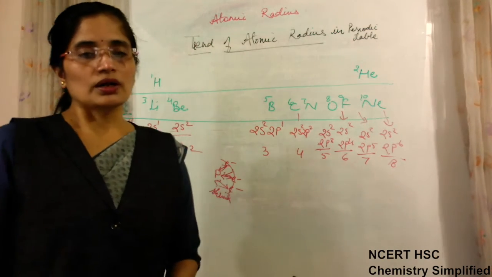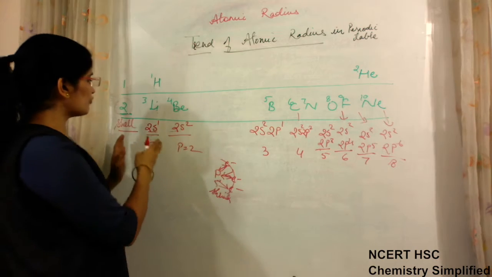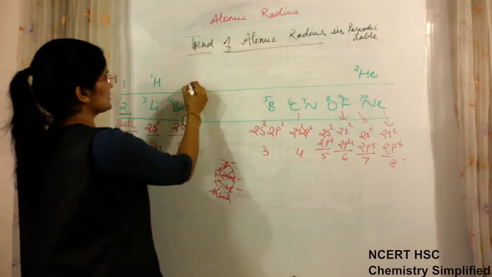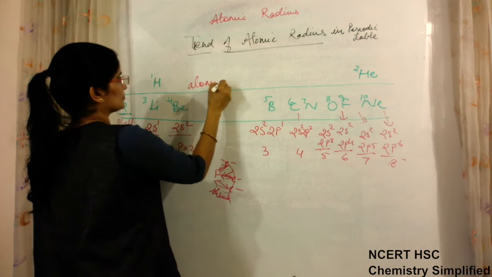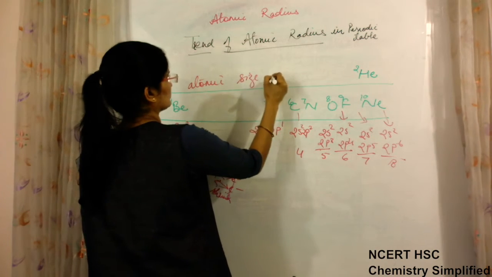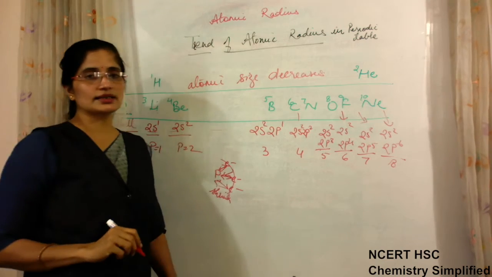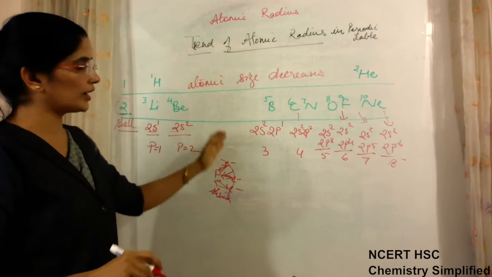Clear? So that is the reason that when we move from left to right in a periodic table, atomic size decreases.